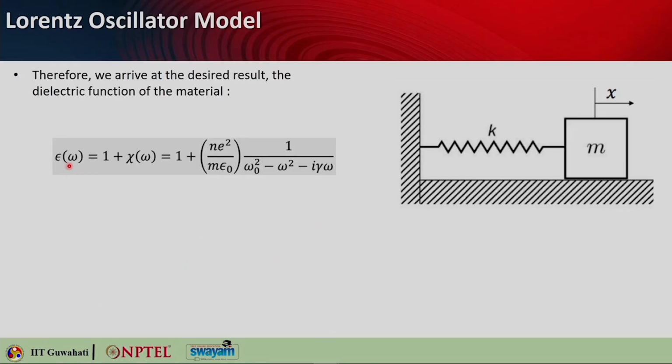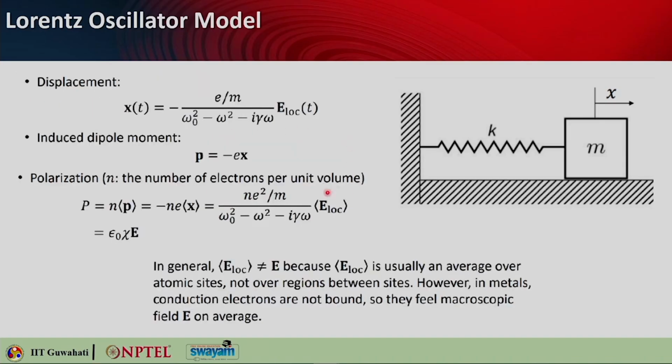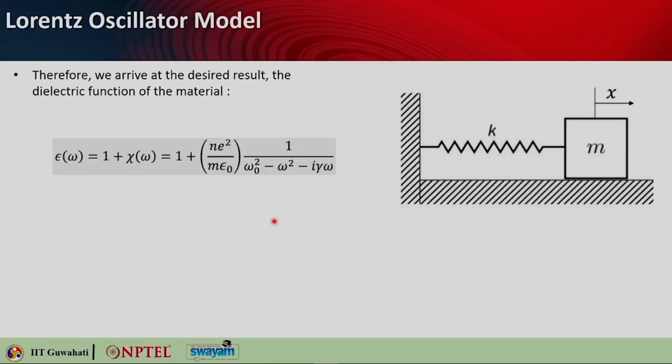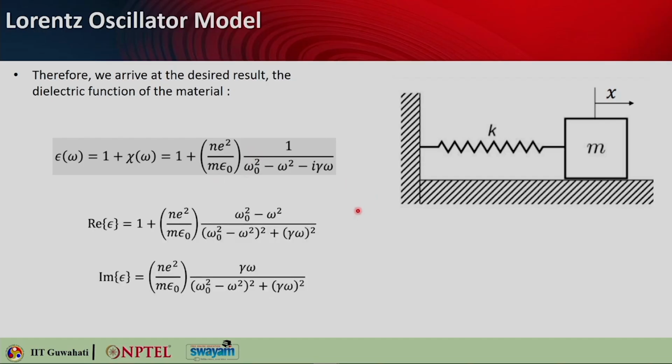We know that the permittivity is nothing but 1 plus susceptibility, and this susceptibility is what we got from here. This term we have correlated with epsilon naught chi. So, you can find out what chi is here and put it in this particular equation. Chi is nothing but n e square, where n is the number of electrons per unit volume, e is the electron charge, m is the electron mass, and epsilon naught is the vacuum permittivity, and this is what you have got.